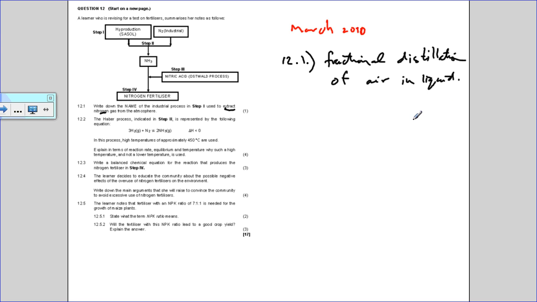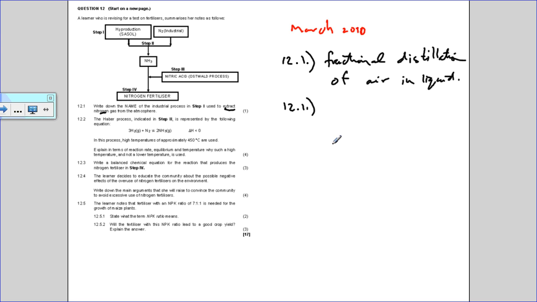As we discussed, the A is cooled down to minus 178 degrees Celsius or even more. When it liquefies, we fractionally take out nitrogen at a different temperature from oxygen. So fractional distillation of liquid A is the answer.